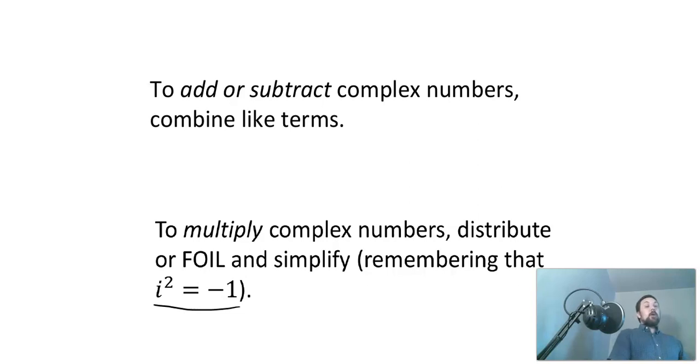So if you ever come across i squared in your work, you swap it out for -1. That's how you simplify that. You never leave i with an exponent on it. An i with an exponent can always be reduced down to something more simple. i squared reduces down to just the number -1. And then you simplify from there.